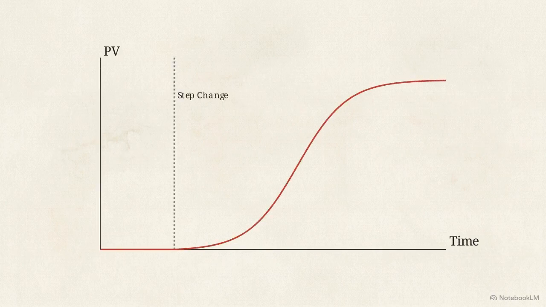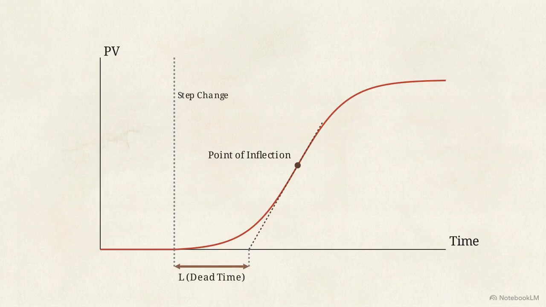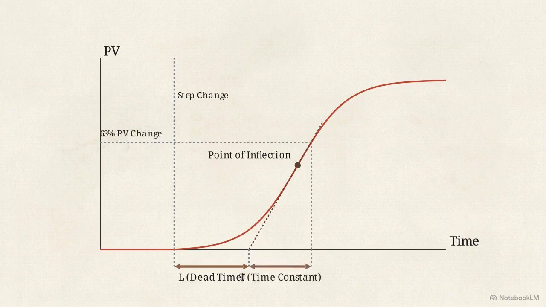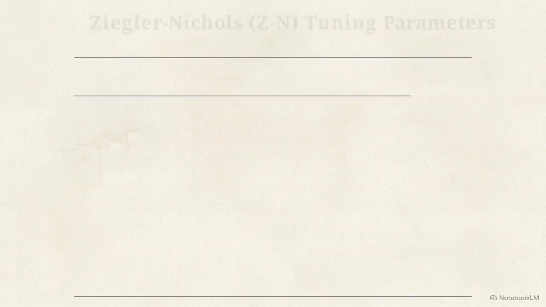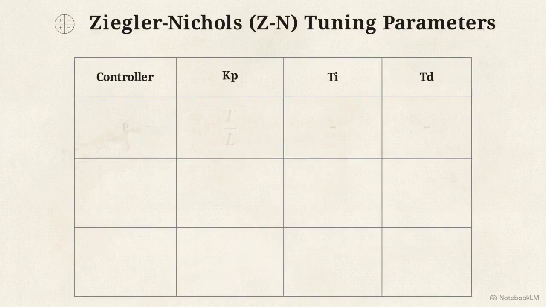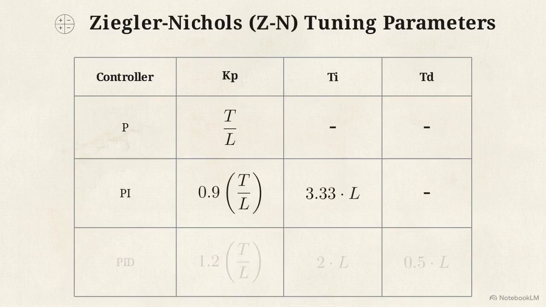To analyze the resulting curve, we identify the exact point of inflection. A tangent line is drawn down from this slope to the time axis. The horizontal distance from the initial step change is the dead time, representing physical delay. We then locate the point where the process variable reaches 63% of its total change to determine the time constant, or T. These raw measurements are applied to the Ziegler-Nichols heuristic table, which provides specific formulas for different controller configurations.